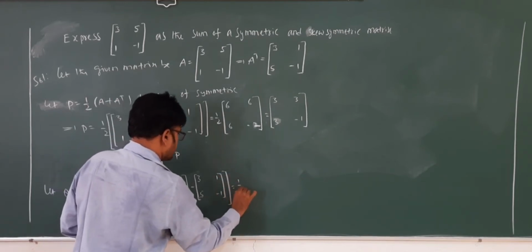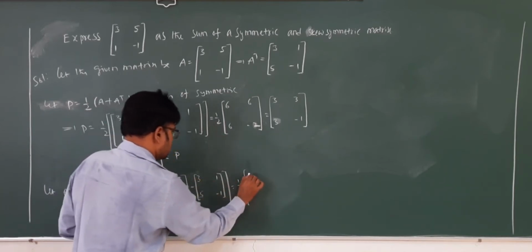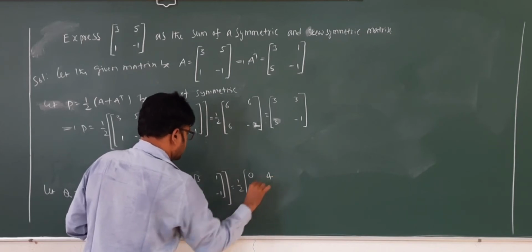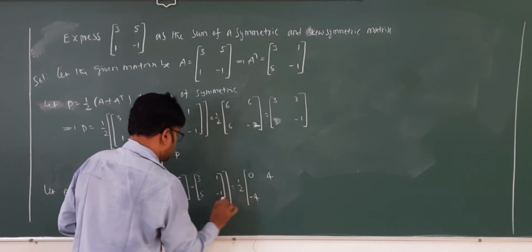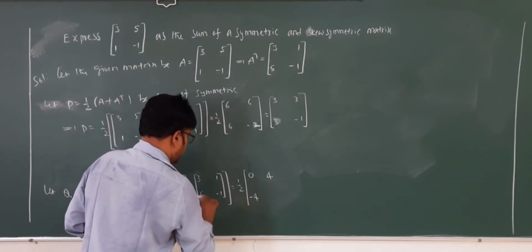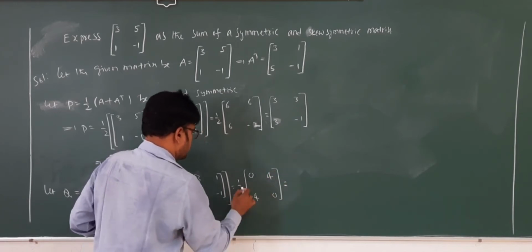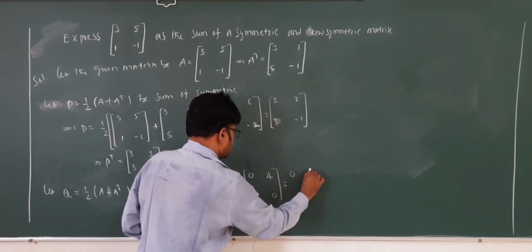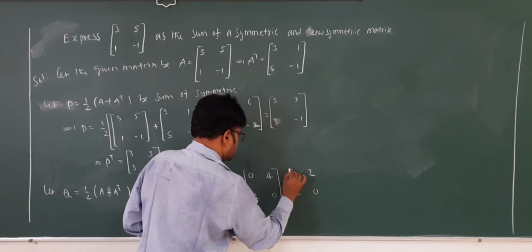Here we get 1/2 into 3 minus 3 is 0, 5 minus 1 is 4, 1 minus 5 is -4, and -1 plus 1 is 0. Multiplying with 1/2, we get [0 2; -2 0].